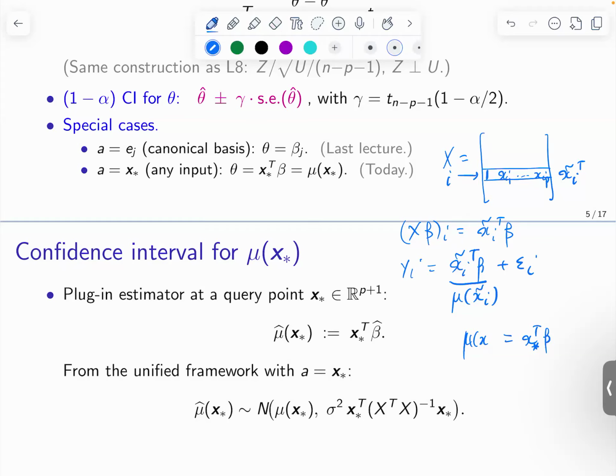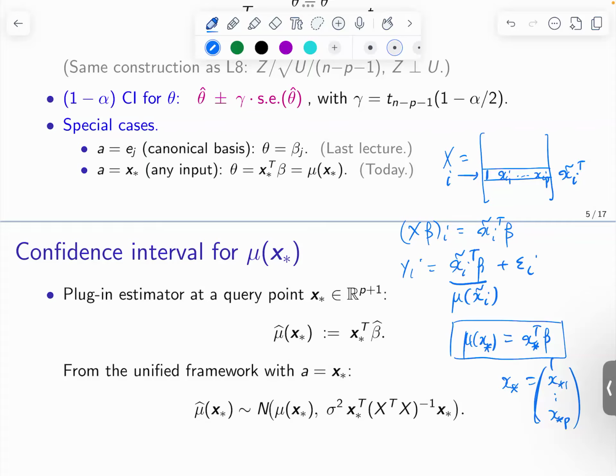You can think of a generic sample coming in with a generic set of values for these variables, say x star 1 up to x star p. So this is really the functional form.